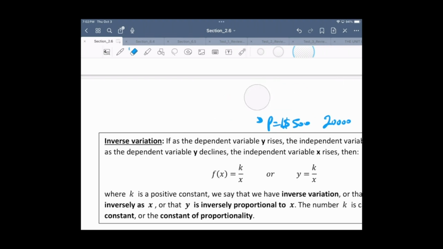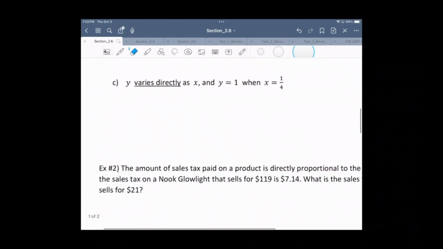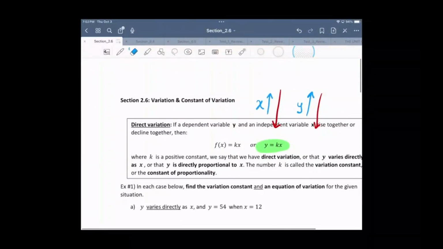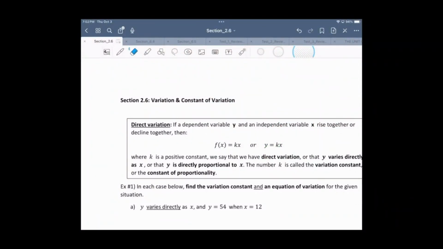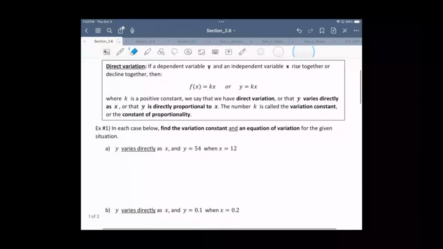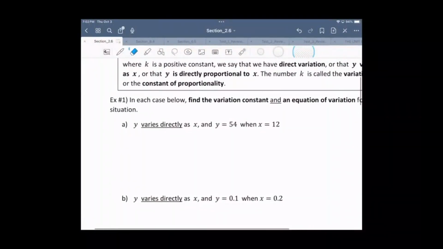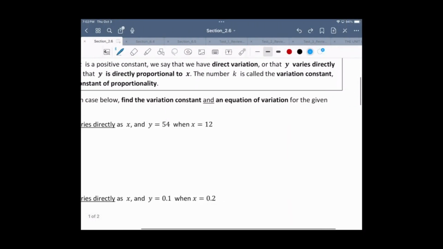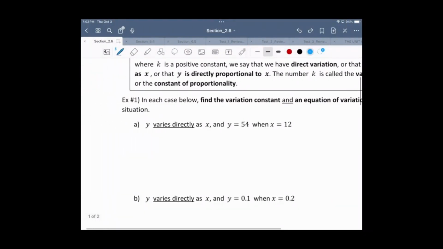Okay, so now that we understand the role of this constant of variation, either directly or inversely, let's go through some examples. In this one, it says, and I'm reading from here, in each case below, find a variation constant and an equation of variation for the given situation.